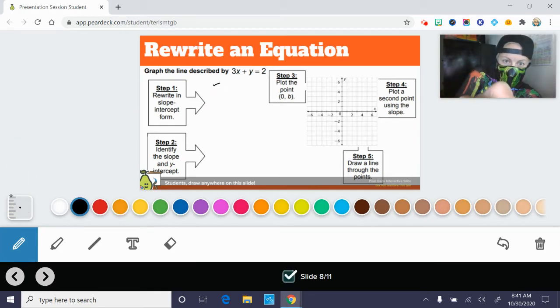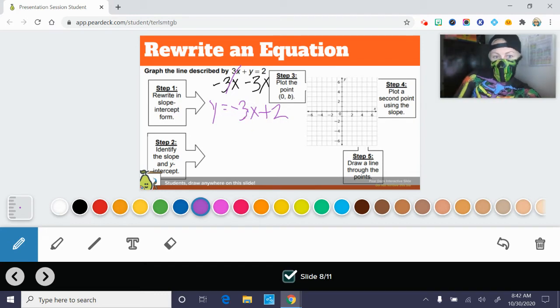So I'm going to subtract 3x from both sides. And then when I rewrite this, I'm going to get y equals, those cancel. And then I want to put the minus 3x term first. And then I want to put plus 2. Okay, so that's slope-intercept form. Y equals mx plus b.